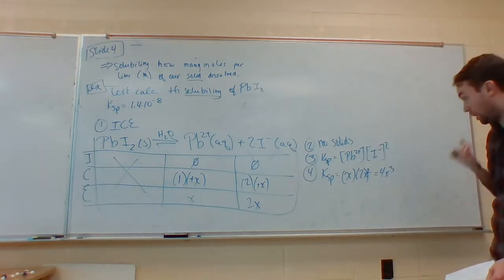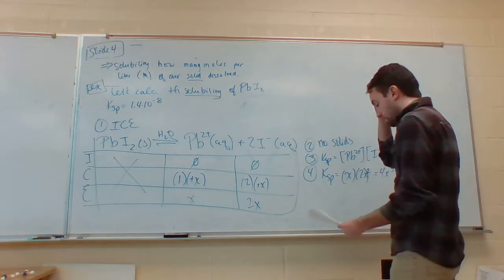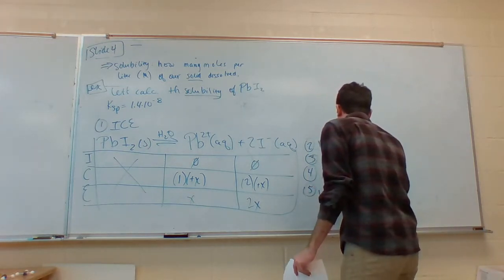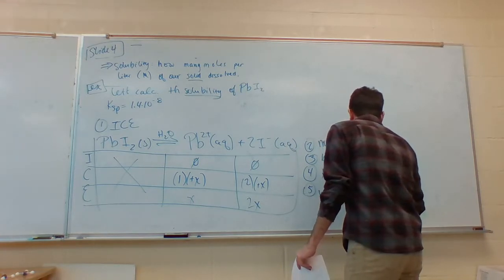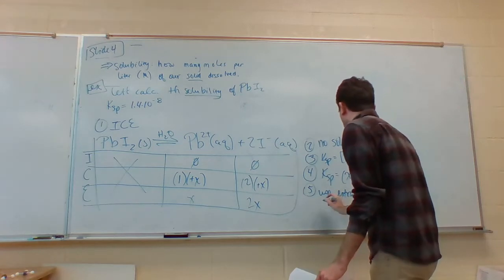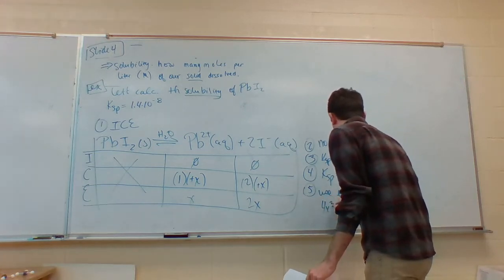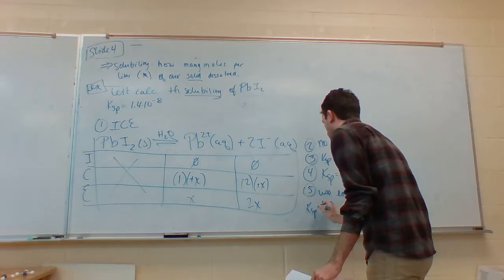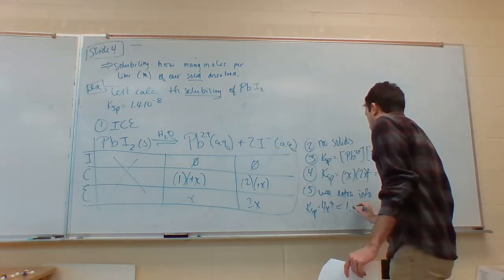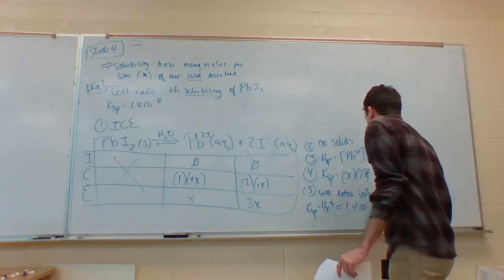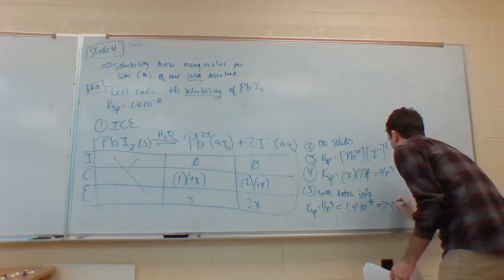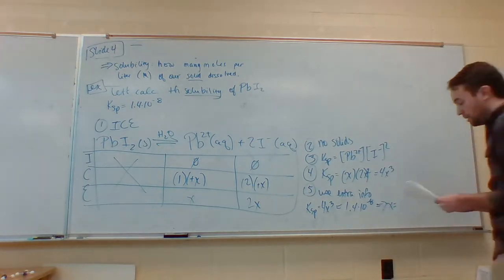So now our last step is to use the extra information to solve for what we don't have. So we know that Ksp equals 4x cubed, but it's also equal to 1.4 times 10 to the negative 8th, which means that we can then solve for x.